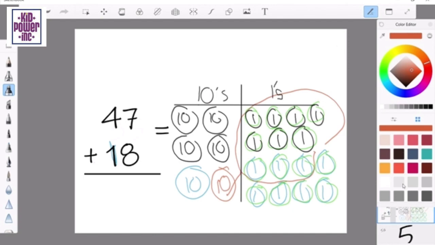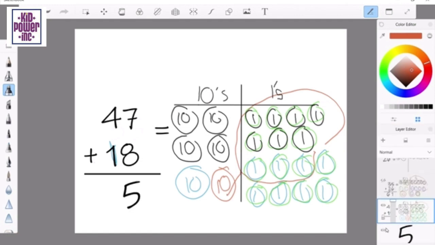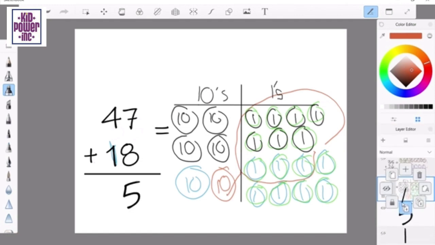So again, we represent this by, since there are 5 remaining, put a little 5. Again, we have to add a little dash in the tens place to show that we added a new one. So let's put that there. Now let's count the amount in the tens place.